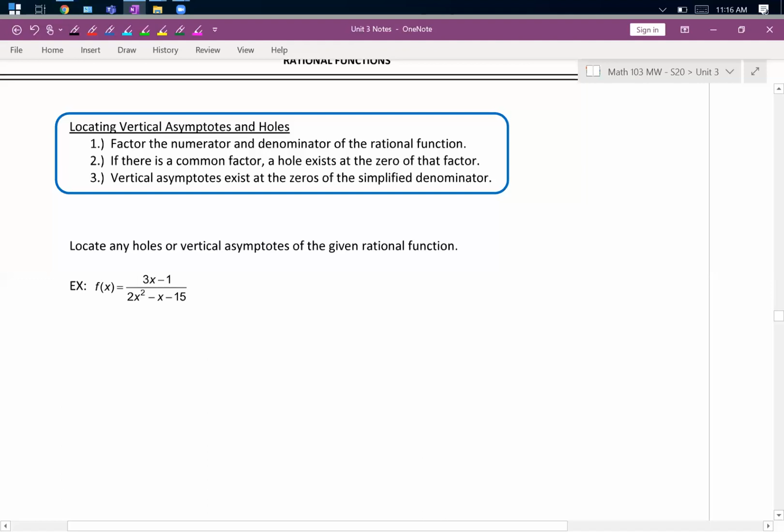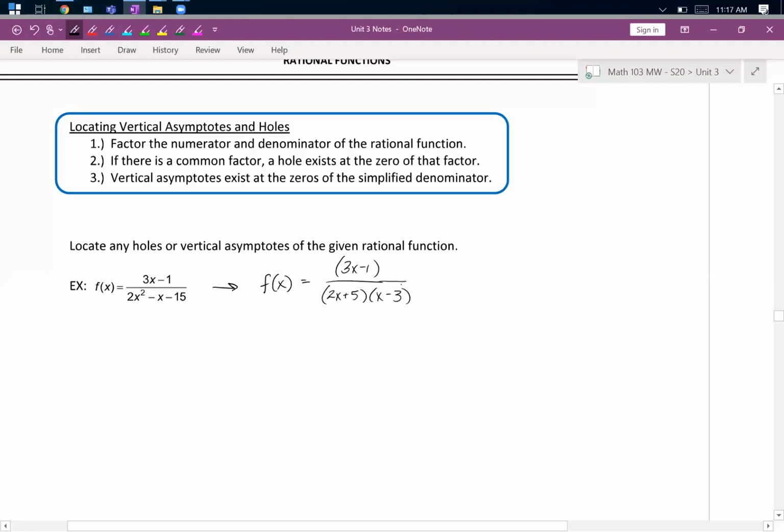So let's locate any holes or vertical asymptotes. We're going to start by factoring our function. The numerator doesn't factor. The denominator, that should factor. 2x plus 5 and x minus 3 work.